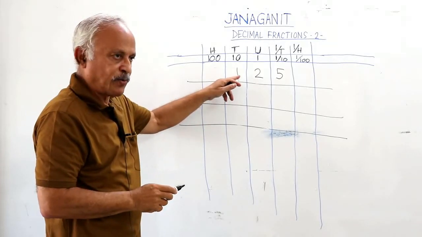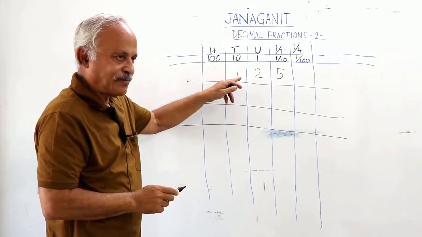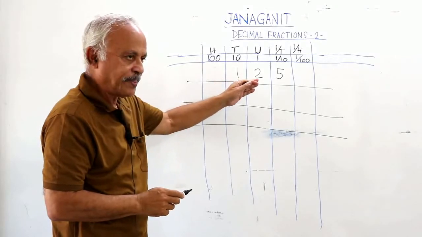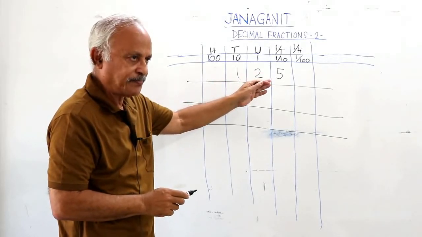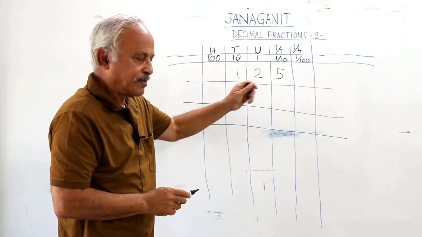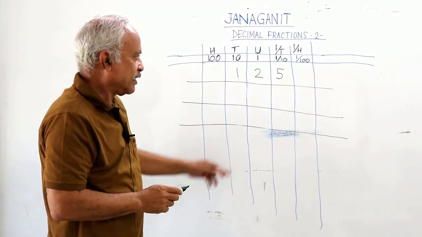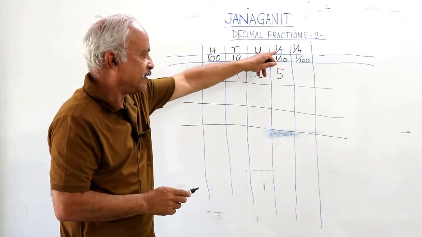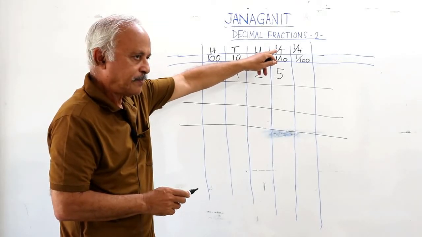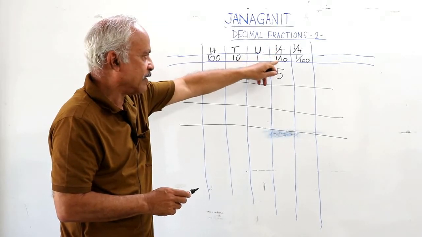Now this is not 125, right? This is 12 and 5 1 by 10s. And we know that these are 1 by 10s because we have written here 1 by 10.